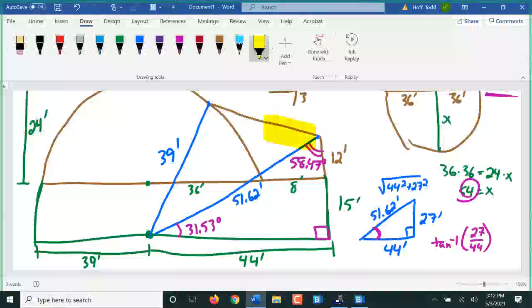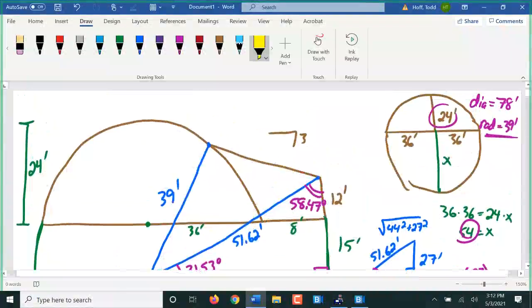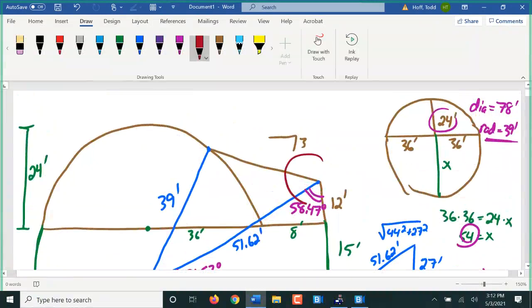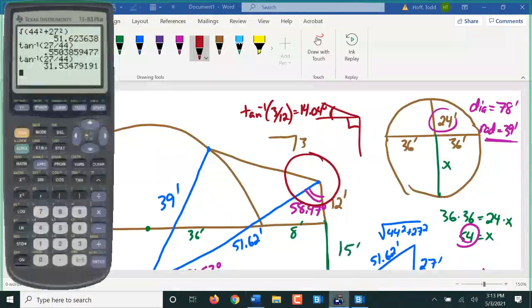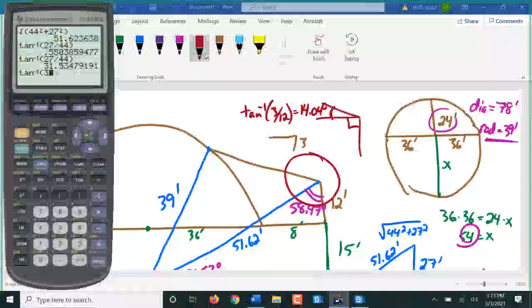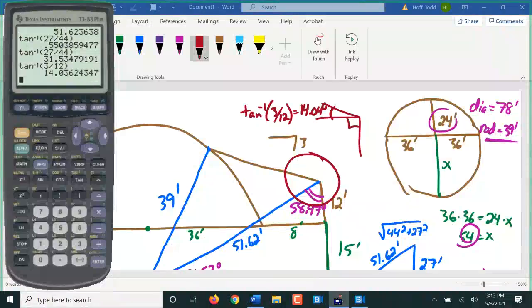Time to move on to this triangle here. I'm going to look at this corner right here for a minute. Now I'm going to divide it. We know there's a right angle here. We know this angle is our heel angle for the 3 in 12. So that's the inverse tangent of 3 over 12, which is what, 14.04 degrees? It's 14.04.